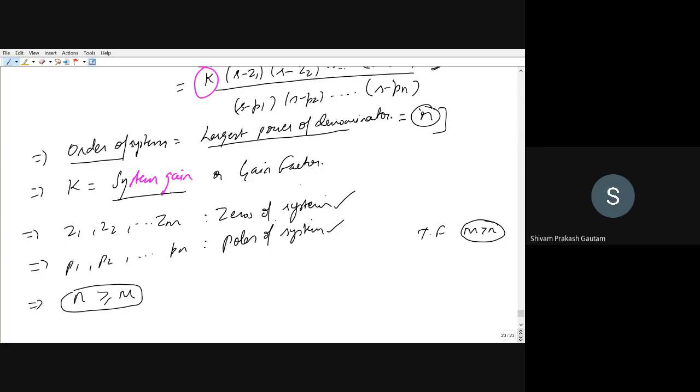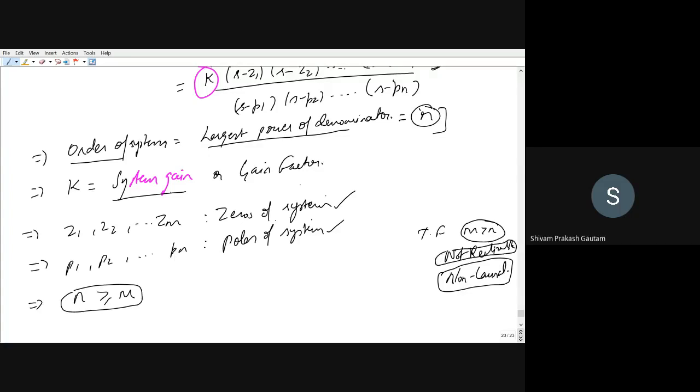Why you cannot find? Because that transfer function is not realizable. Why is that not realizable? Because if power of numerator is greater than power of denominator, then that system will become non-causal. We have already seen what is causal and non-causal system. Physically, it cannot be realizable.